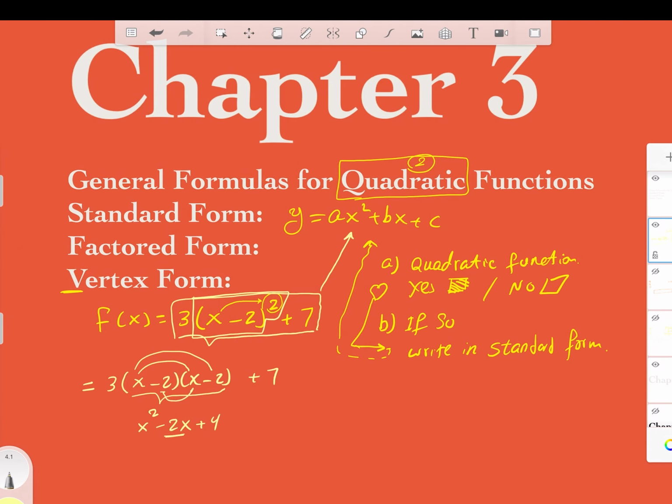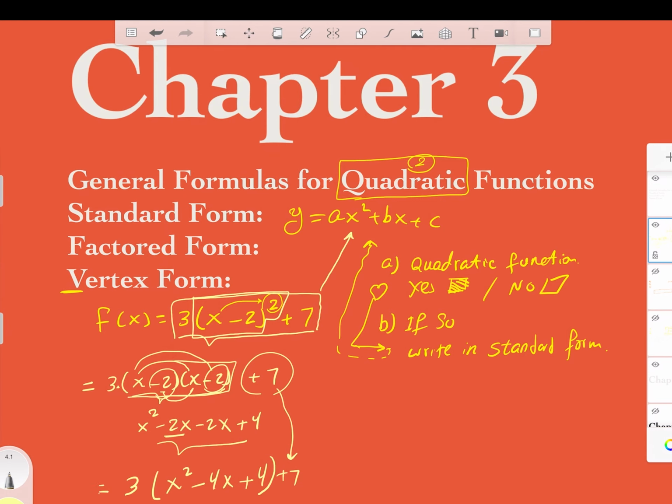Negative 2 times x is negative 2x. And negative 2 multiplied by negative 2 is positive 4. So now we simplify more. We get x squared minus 4x plus 4. We have plus 7 here, and this should be multiplied by 3. It's very important that the 3 multiplies this.